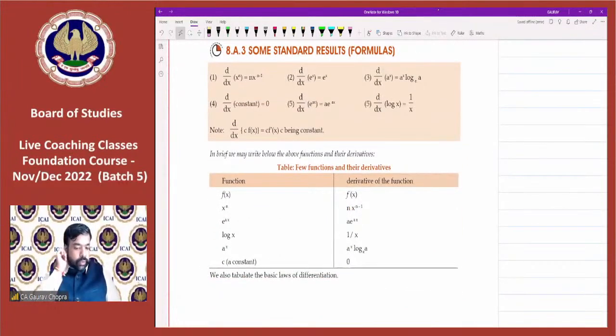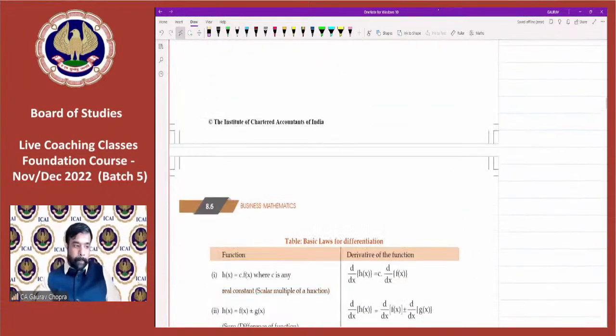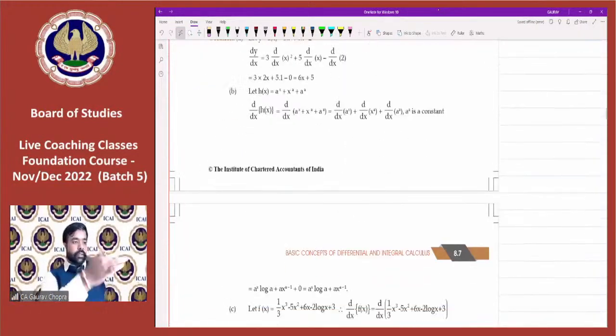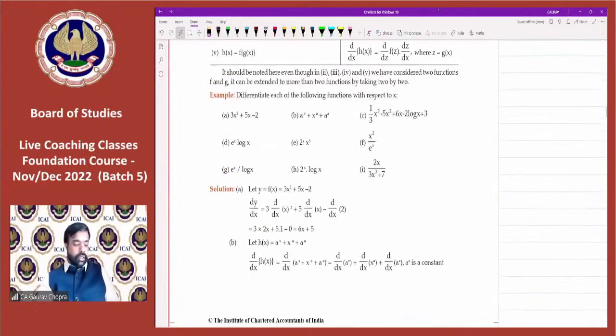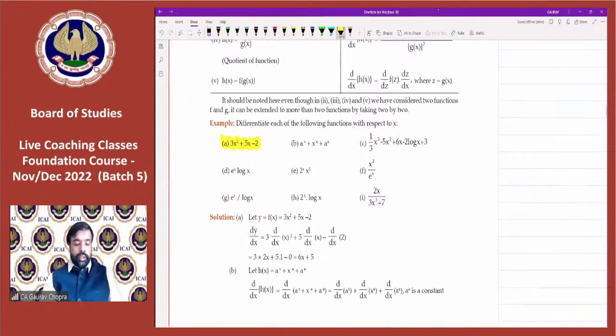Yes, so all these were the formulas. And then here, let us begin with the first one, A portion. Now this question A says 3x square plus 5x minus 2. So this is the question.